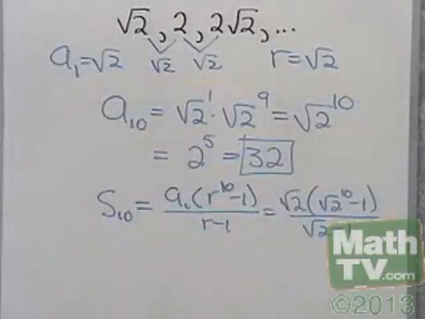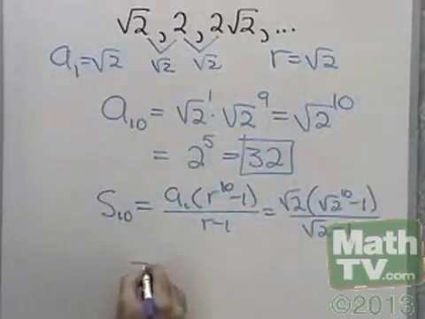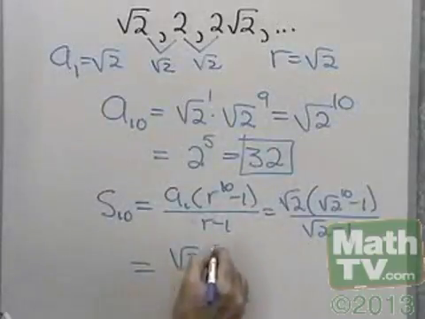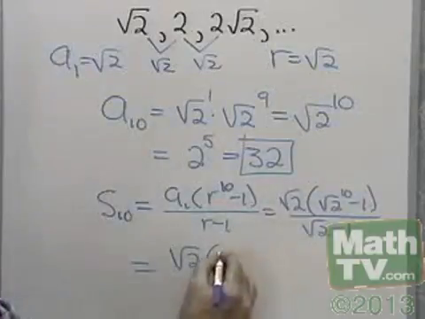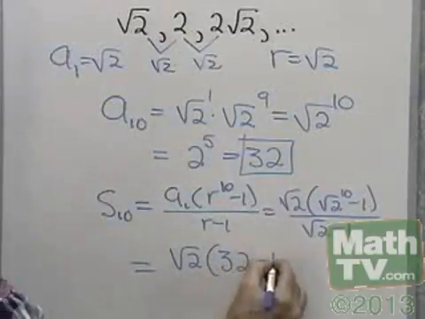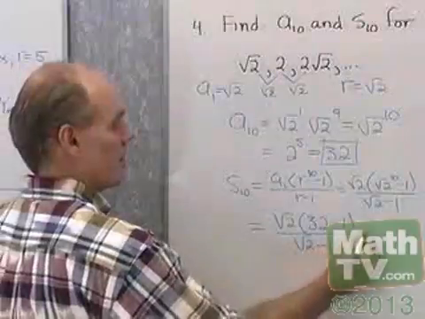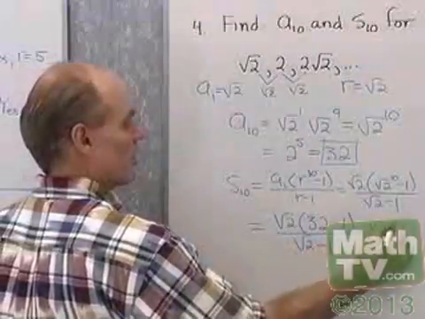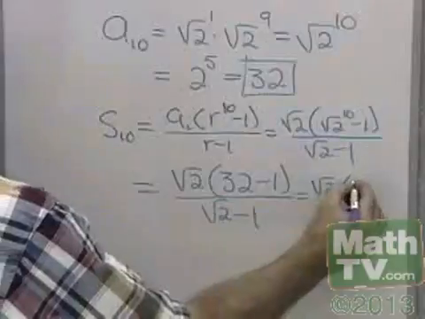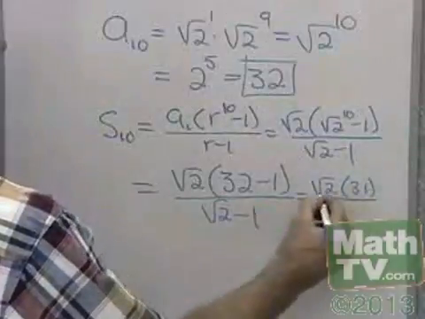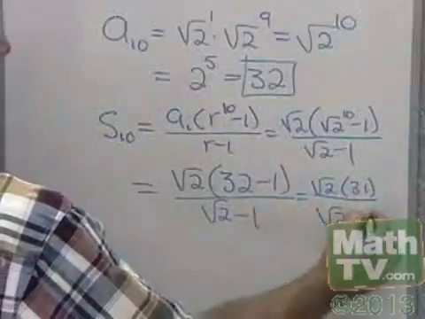I know that square root 2 to the 10th power is 32. So that's square root 2 times 32 minus 1, which is 31, all divided by square root 2 minus 1.